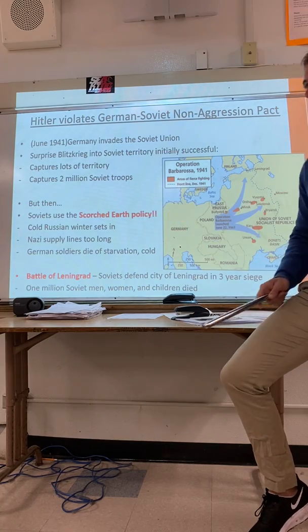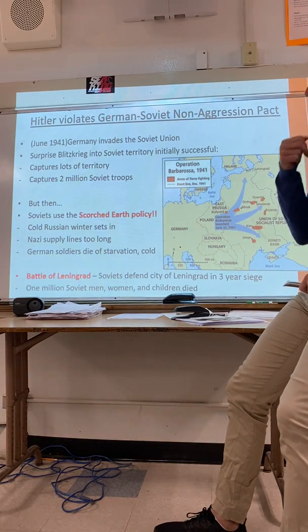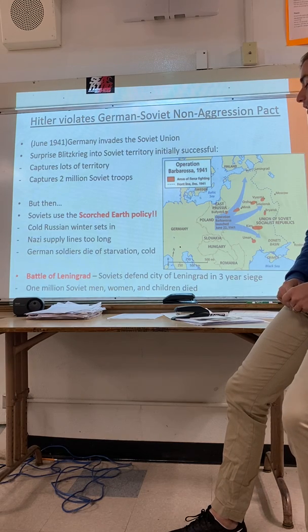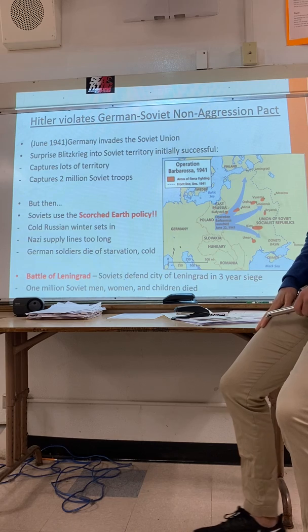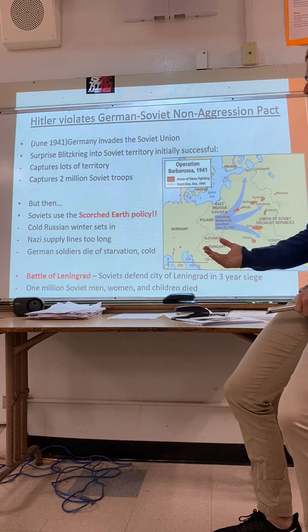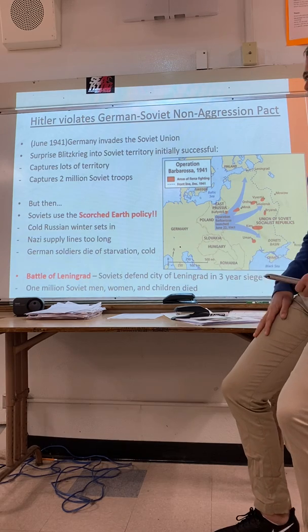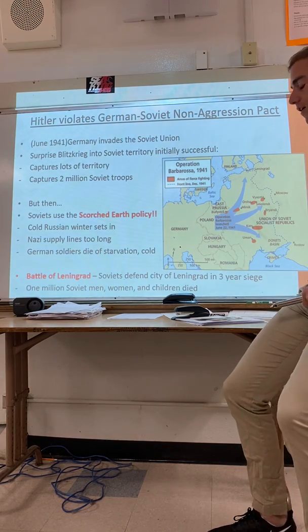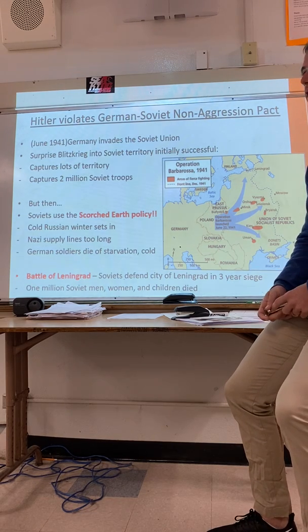Now, interestingly, though, there's going to be some long sieges of civilian cities. There's two major ones in Russia, one of which is the Battle of Leningrad, which is up here, formerly St. Petersburg. Look, in war, when an army approaches a civilian city, it has always been the policy of leaders to surrender the city, that you don't want a civilian loss of life.